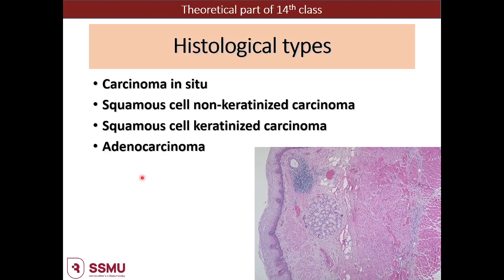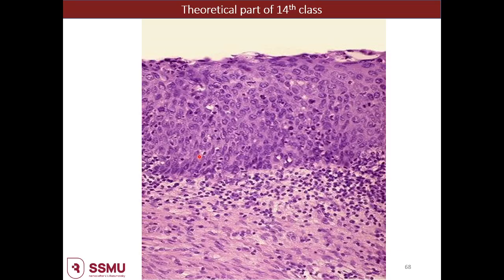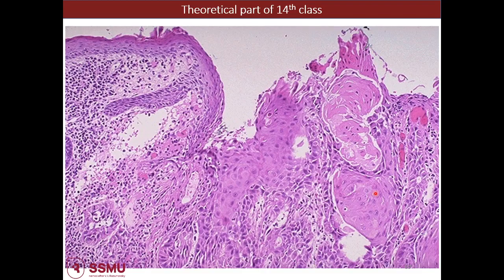Histologically, esophageal cancer types include carcinoma in situ, and we have already discussed how they look: squamous cell non-keratinous carcinoma, squamous cell keratinized carcinoma, and adenocarcinoma of the esophagus. On this slide, we may see carcinoma in situ, with atypical cells in this area that don't have any structures.